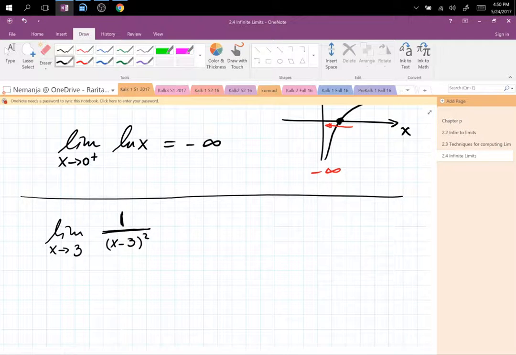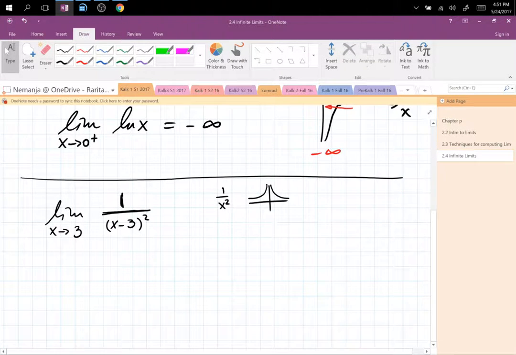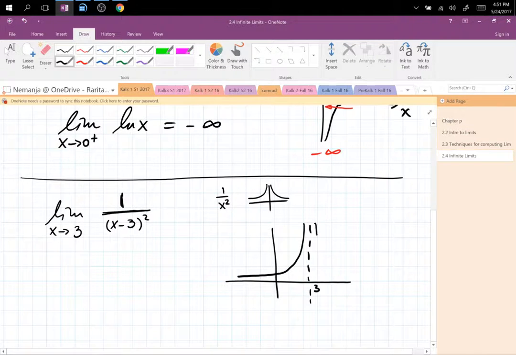Now you see that this is shifted. Depending on how well you know graphing, 1 over x squared graphs like that. So our problem is shifted 3 units to the right. So we are going to have a vertical asymptote at 3, and have our graph the same shape.